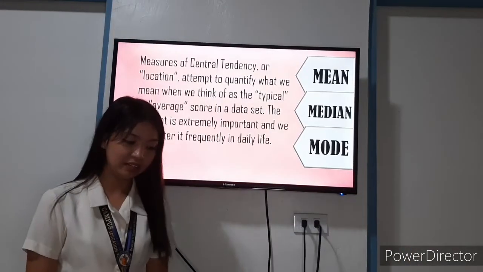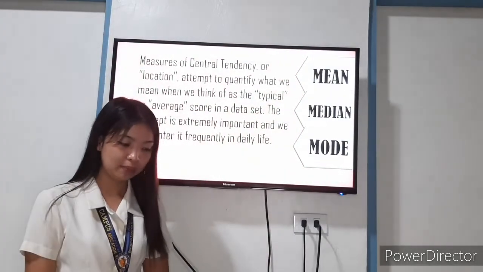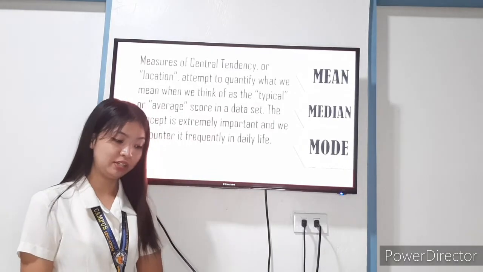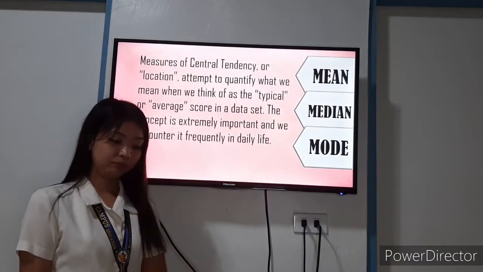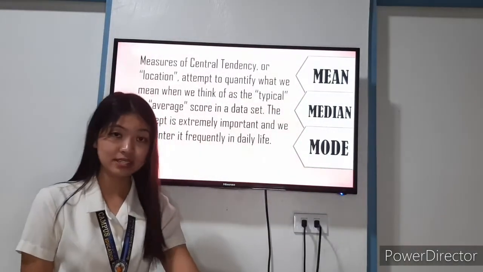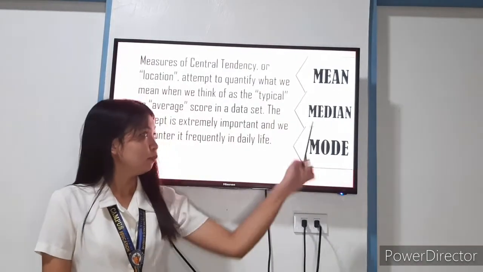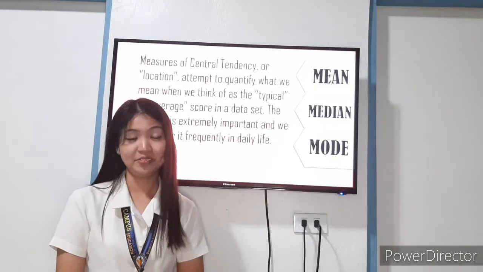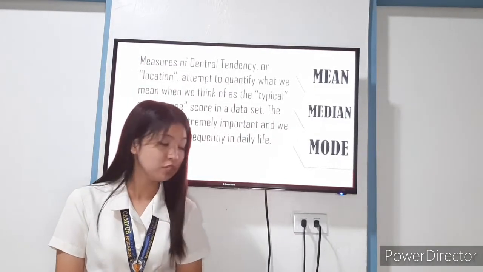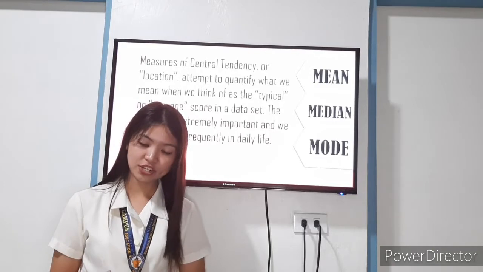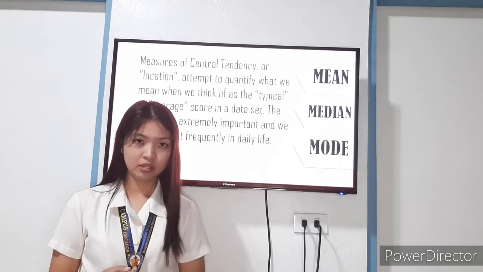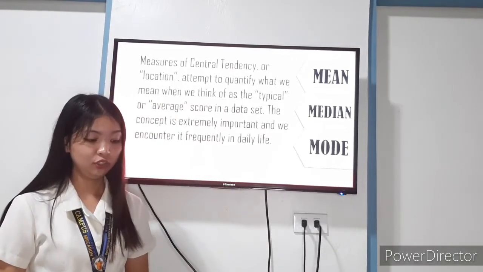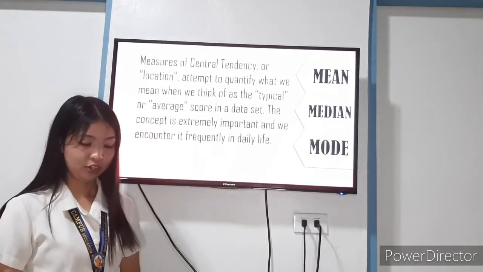Measures of central tendency or location attempt to quantify what we think of as typical or average. Honestly, we use these 3 kinds of measurement in central tendency without even realizing it. For example, we use these 3 in research, in assessment, measurement, and also in statistics. So it is very crucial to learn these 3 or 3 M's.